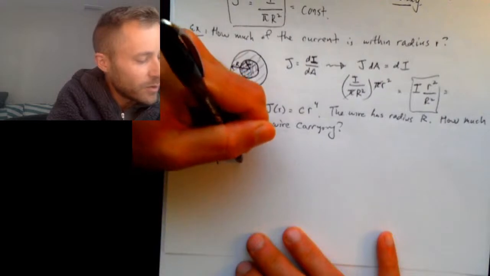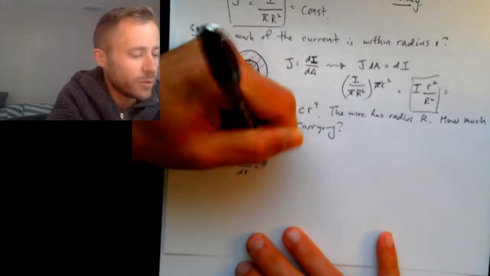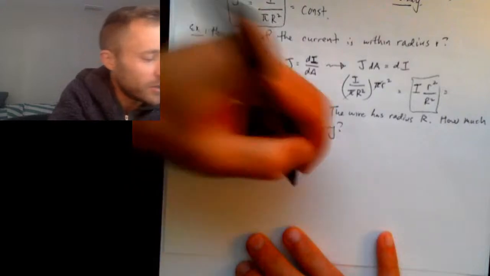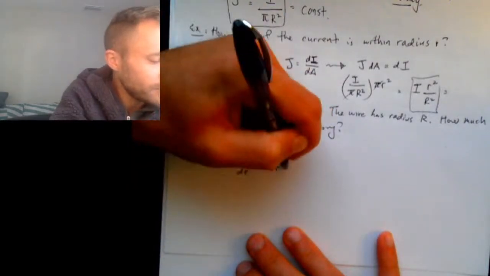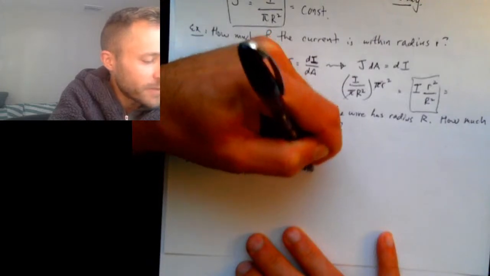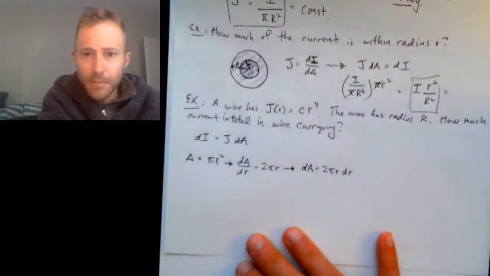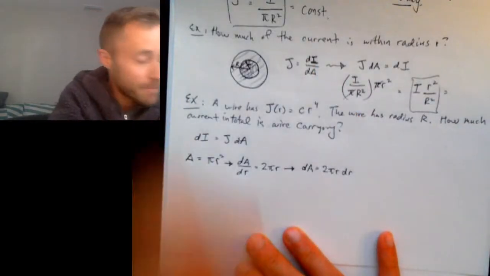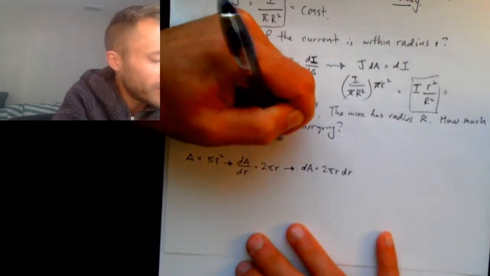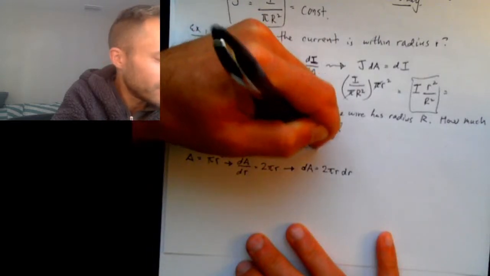So the derivative of the area with respect to R is going to be 2 pi R. Then we multiply both sides by dr, and we get dA equals 2 pi R dr. So that is what I'm going to plug in right here. Okay, so I have J times 2 pi R dr.